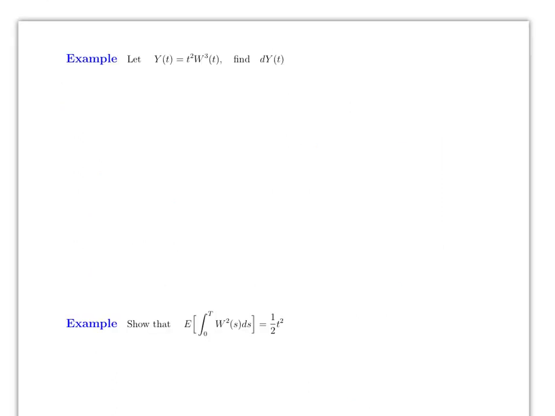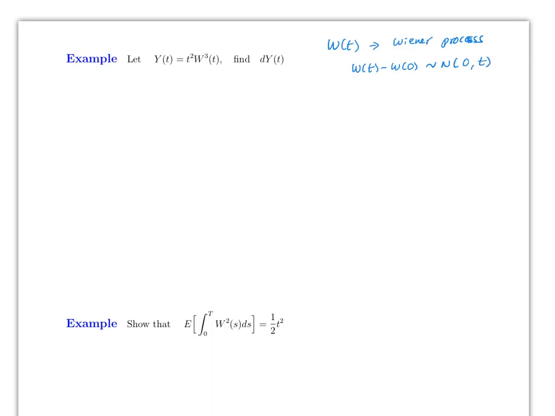All right, consider this example. Let Y(t) be the Ito process, or stochastic process, defined by t squared W_t cubed, where remember W_t is the Wiener process, which remember, W_t minus W_0 has a normal distribution with mean 0 and variance t.